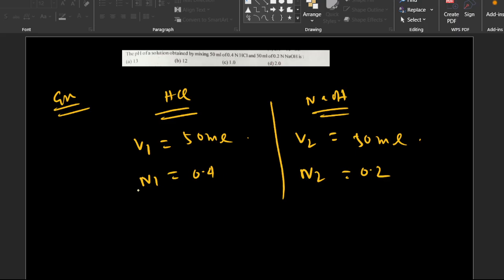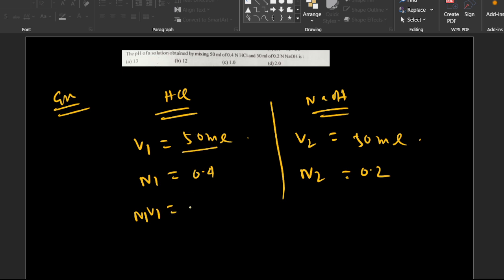So first we will check which is more. We will check the number of moles of H plus, whether the H plus amount is more or the OH minus amount is more. For the number of moles, we do N1 V1.